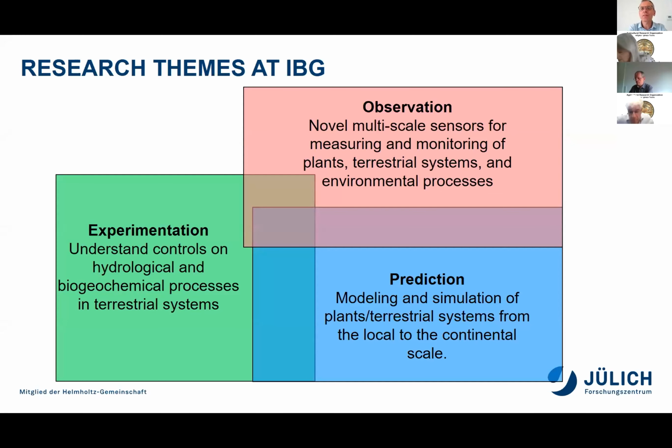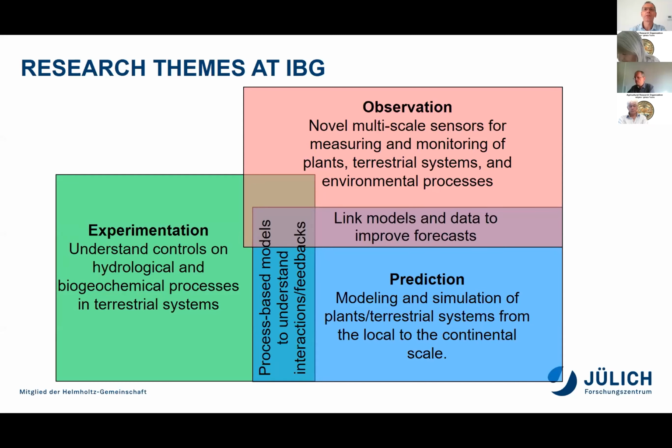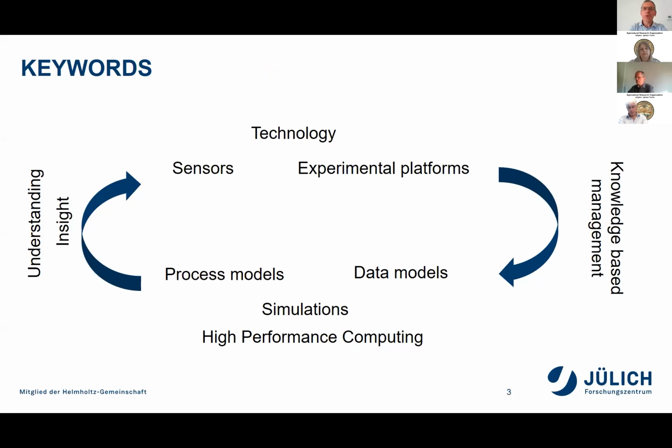And both the data we obtain with sensors and the insights we obtain from experiments can help us to improve models and simulation tools with which we can predict plant and terrestrial systems from local to continental scales. So, a number of keywords.